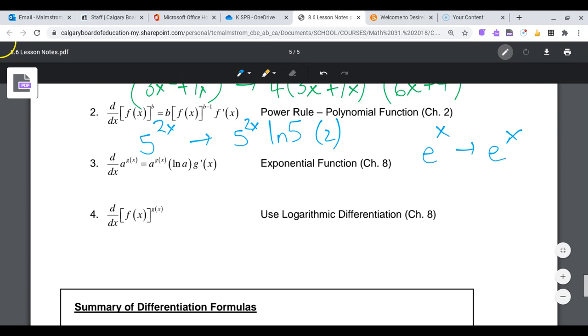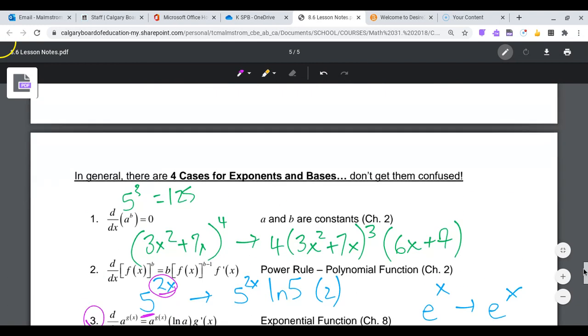And then lastly, the one that we just saw is what happens if you have a variable raised to a variable. Whereas number 3 is a number raised to an exponent with a variable. Number 4 has variables in 2 spots. So those are the 4 exponential and base cases that we saw in this course.